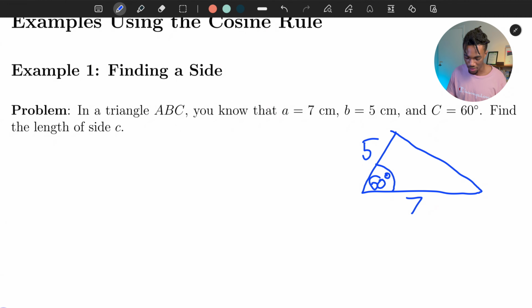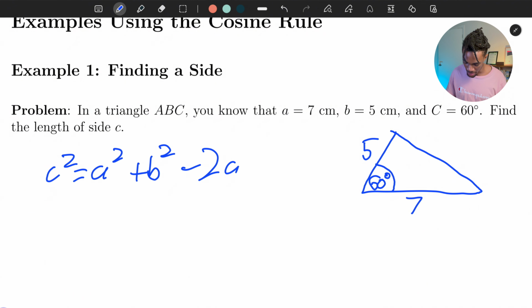So we just have to write out the formula again. C squared equals A squared plus B squared minus 2AB cos C, and then plug in the numbers.